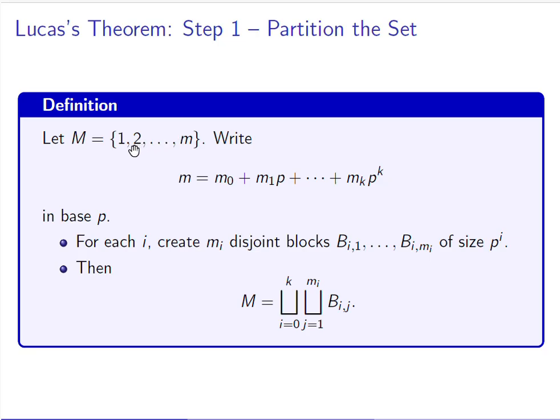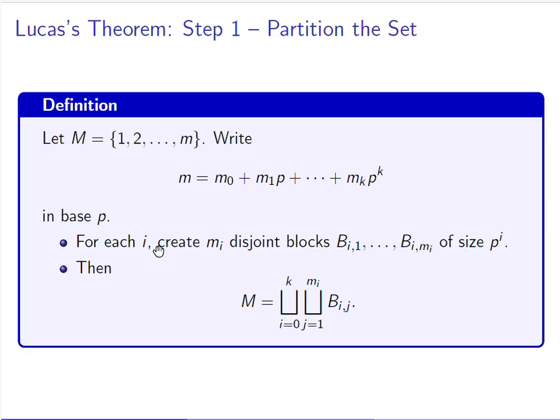You sort of break them into blocks: subsets of size 1, subsets of size p, and so on. So to get m, you have to cover the whole m of them. You need m_0 blocks of size 1, m_1 blocks of size p, and so on, m_k blocks of size p^k.